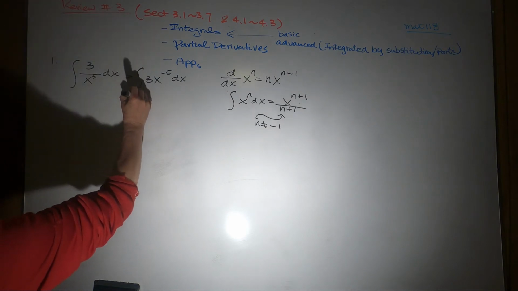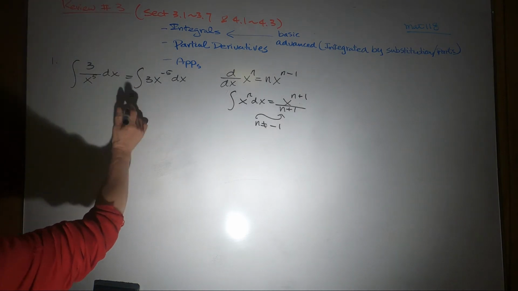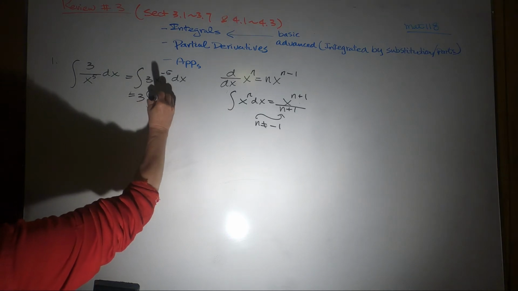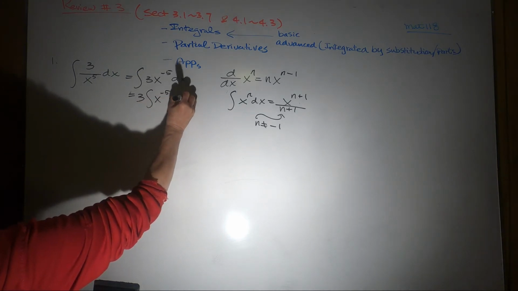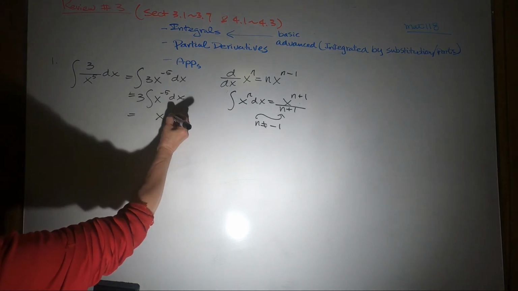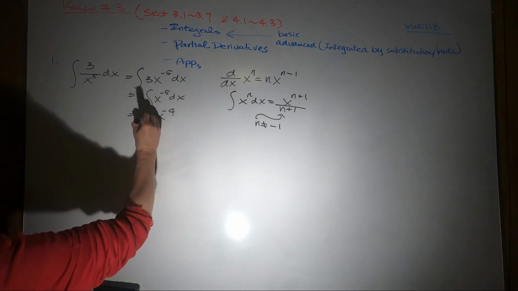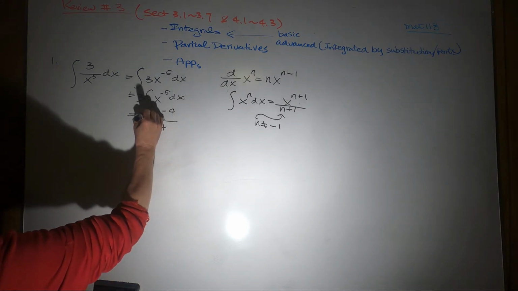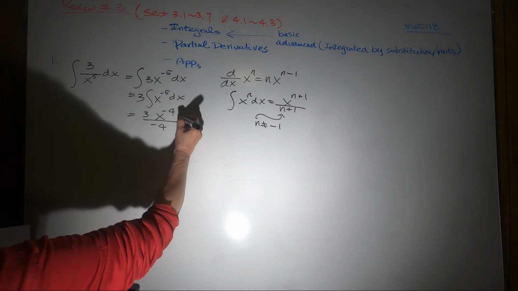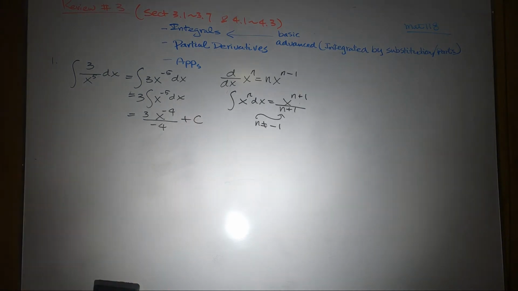So we can do that. Then with the constant, we do constant multiple, right? That would be your negative 5 dx. That would be one level higher, negative 4, divided by negative 4, right? Plus your arbitrary constant for the indefinite integral.